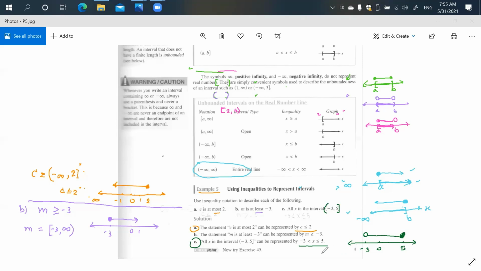So that represents this one. Then in the notation pattern, you write x belongs to, open at -3, comma, and 5 close, because -3 is open.